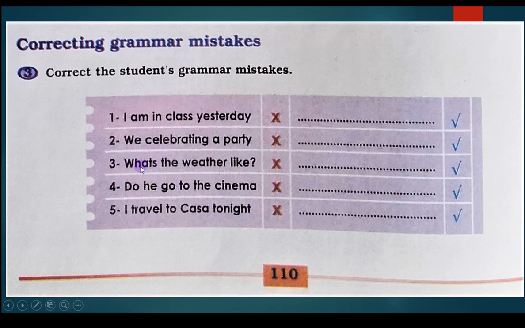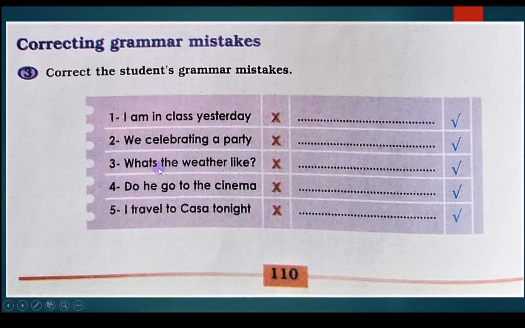3. What's the weather like? For pronunciation it's correct. بالنسبة للنطق صحيح. What's the weather like? But for spelling it's not correct. لكن بالنسبة للإملاء ماشي صحيح.